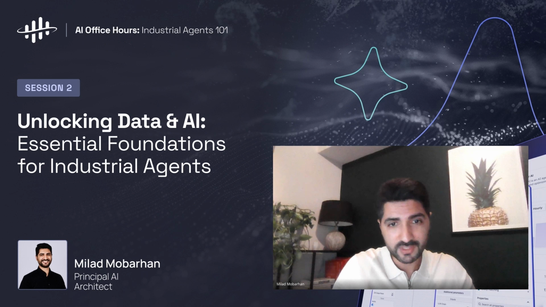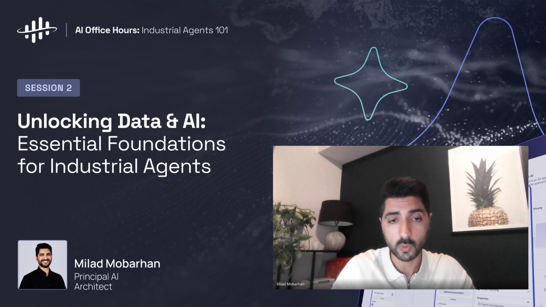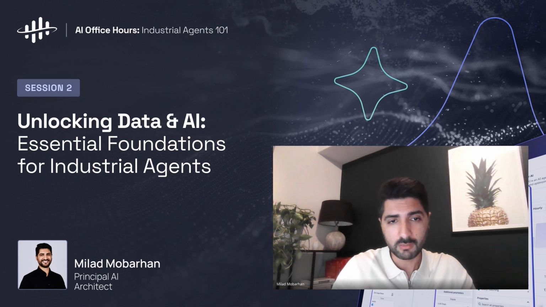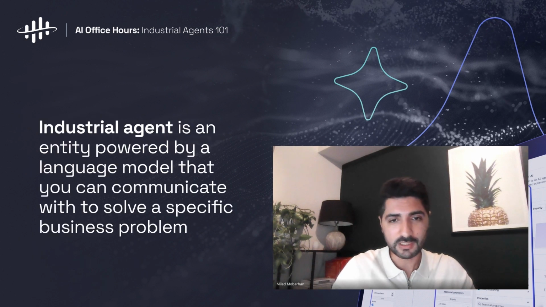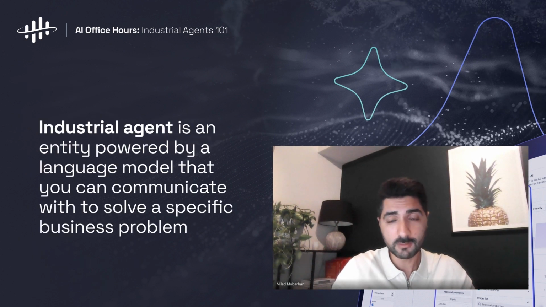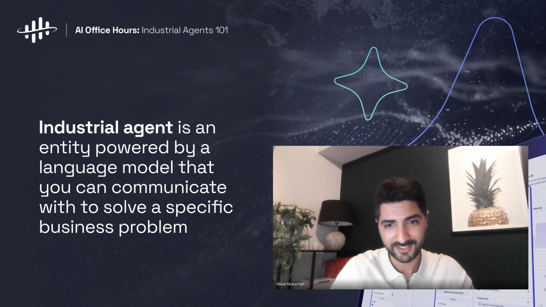Today, we will go a bit deeper into the details, where we will talk about the ingredients necessary to make industrial agents work. But first, just a quick reminder of what industrial agents are. Simply put, an industrial agent is an entity powered by a language model that you can communicate with to solve a specific business problem, with the emphasis on specific.